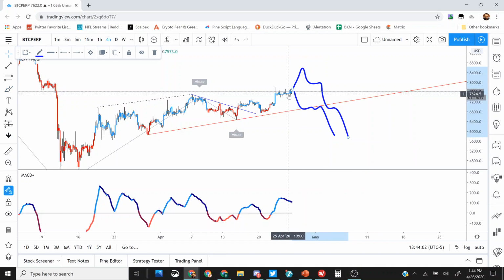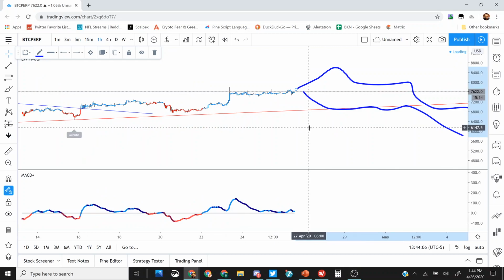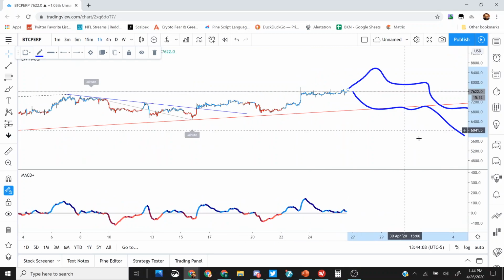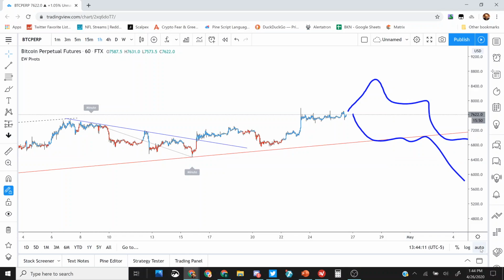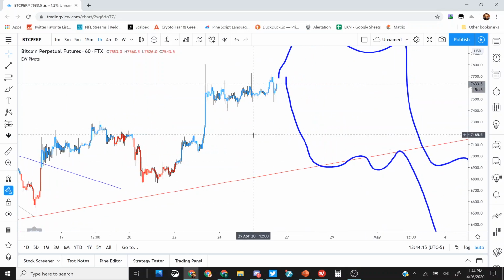The 4-hour looks pretty solid. If we go down to the 1-hour, very close to crossing red. One-hour looks pretty solid too.